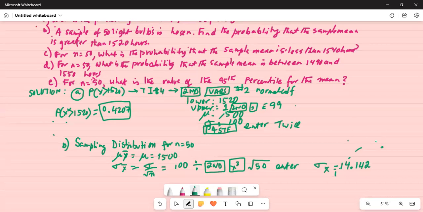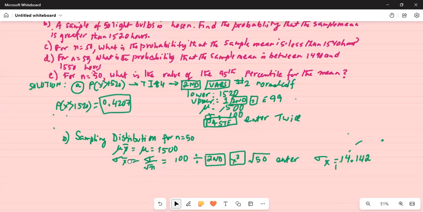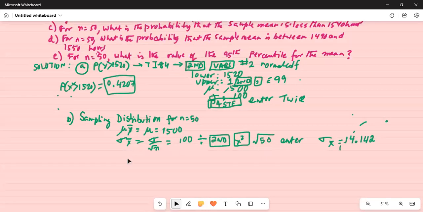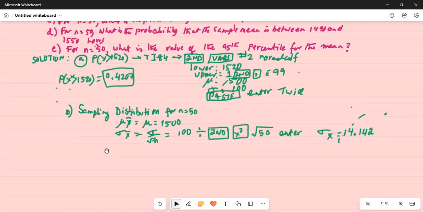Okay, so part B: find the probability that the sample mean is greater than 1520 hours. So the probability of x bar greater than 1520.